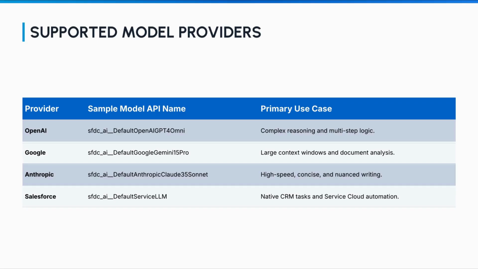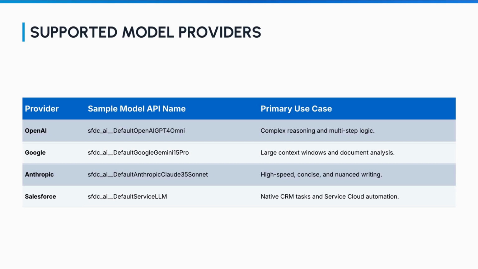Now these are some supported model providers. If you look at the name of every model API name, it is a constant of a particular format. First is sfdc_ai__Default, which is common in each API name. After that we have the company name, who the provider is. In the first case it is OpenAI, so the OpenAI name is there. If it is Google, the Google name is there after default.